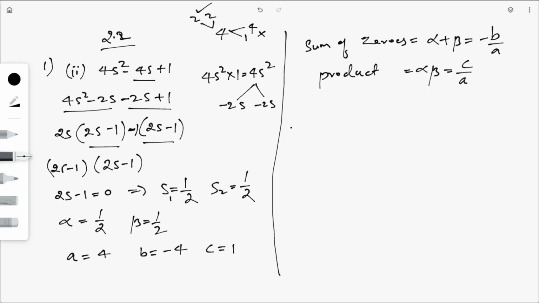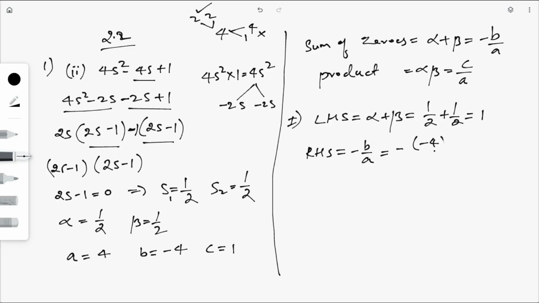Let me check the first case. LHS: sum of the zeros, alpha plus beta, that is 1 by 2 plus 1 by 2, which is 1. What about our RHS? That is minus b by a. B is minus 4, a is 4. So 4 and 4 cancel out, minus into minus will give 1. So LHS is equal to RHS.